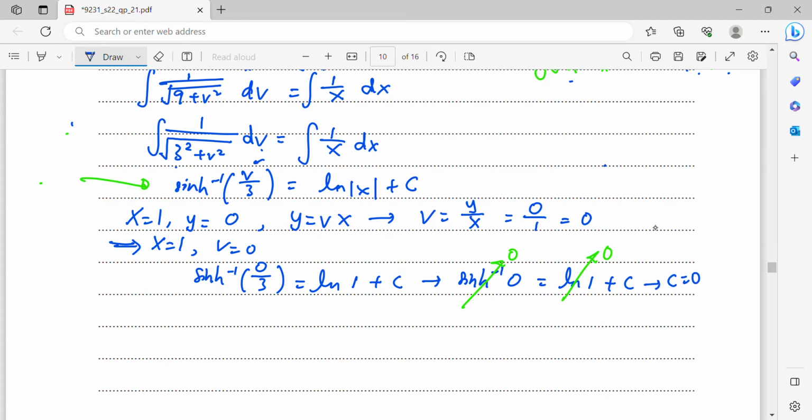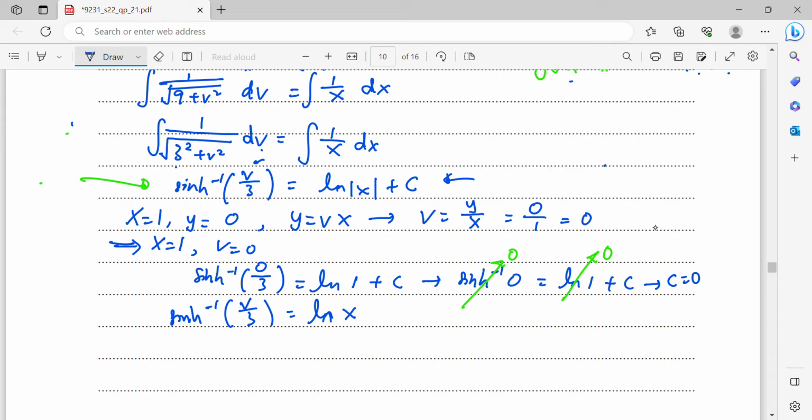So now I will substitute my c equals 0 into this expression. So I will get inverse sine of v over 3 equals ln x. Alright, so now you are getting this.